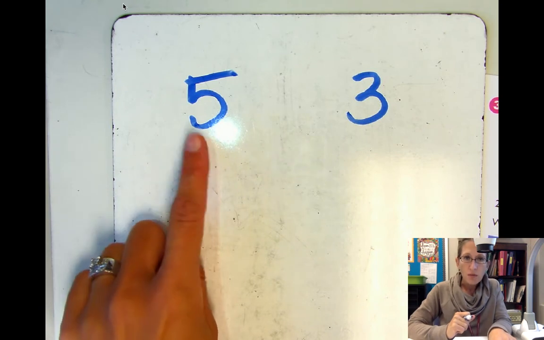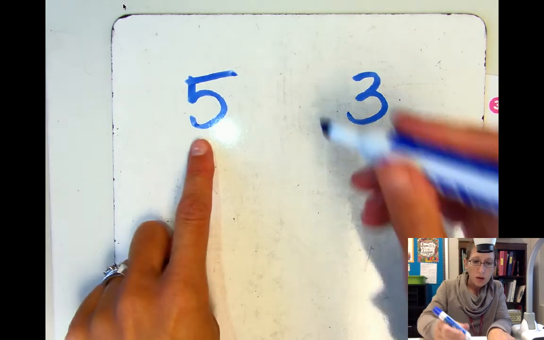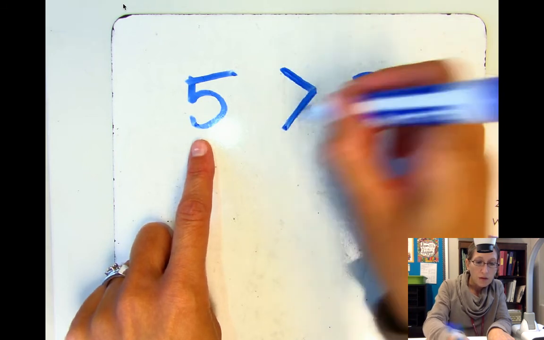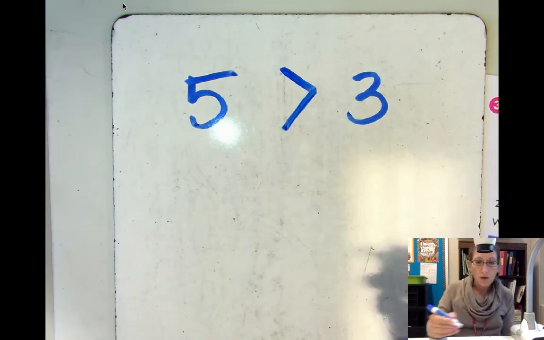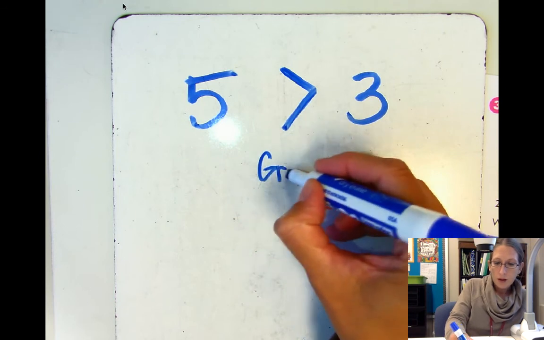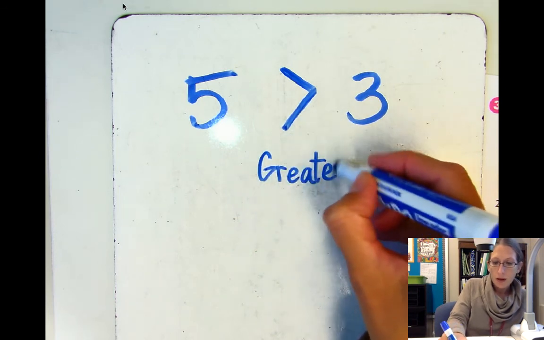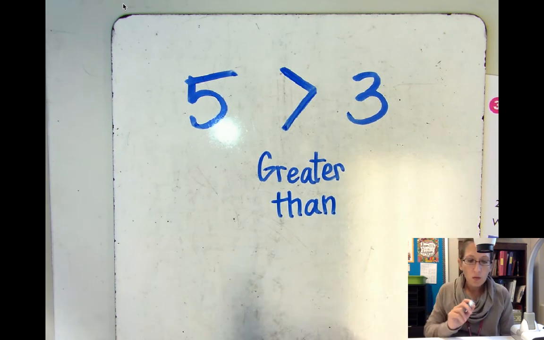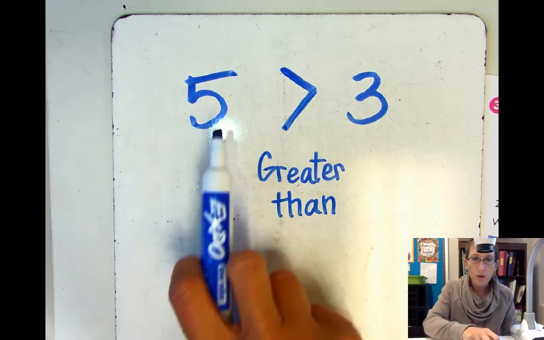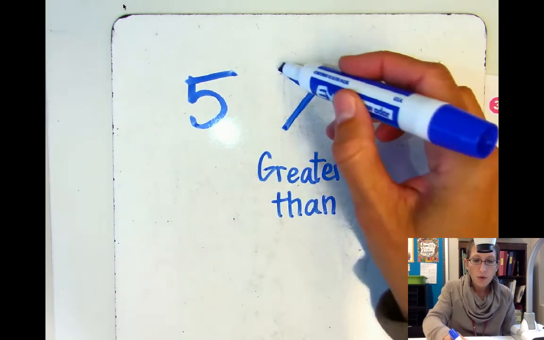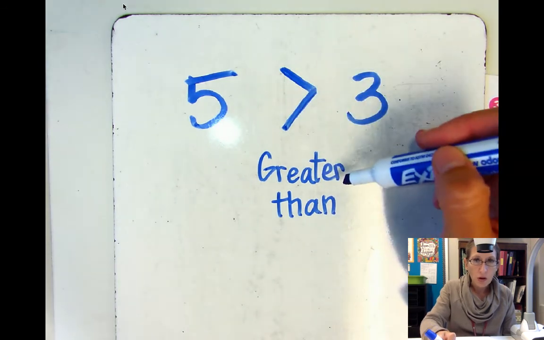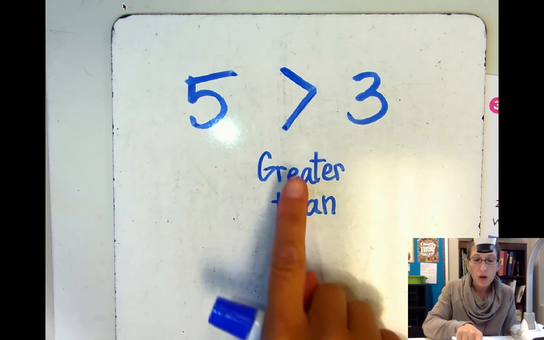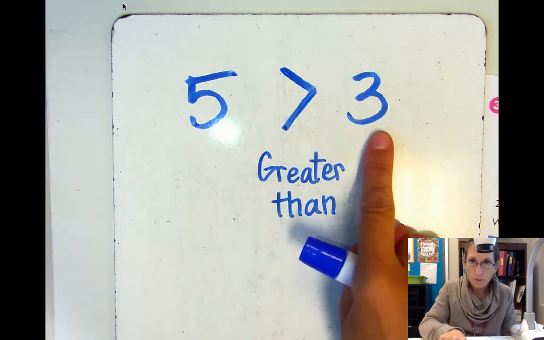To show that 5 is bigger than 3, we use this symbol, and this symbol is called greater than. I can write that underneath for us. Whenever we have the bigger number first, we're going to put a symbol that looks like this, and that's called greater than. How we read that is 5 is greater than 3.